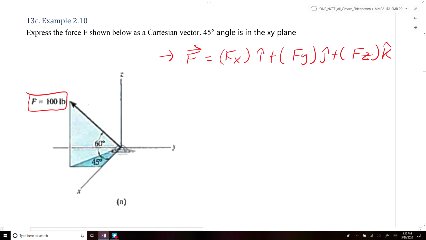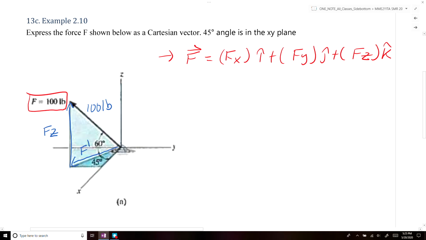We know the hypotenuse of the lighter blue triangle is equal to 100 pounds. So we can use trigonometry to determine the z component of our vector, Fz, and the adjacent component of our triangle, which we'll label as F prime.